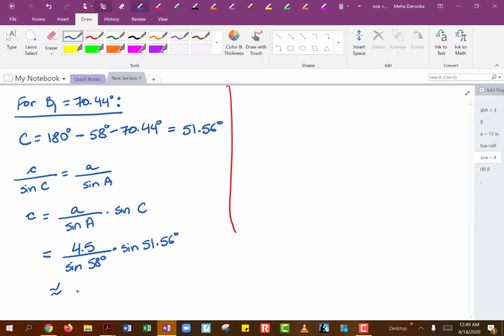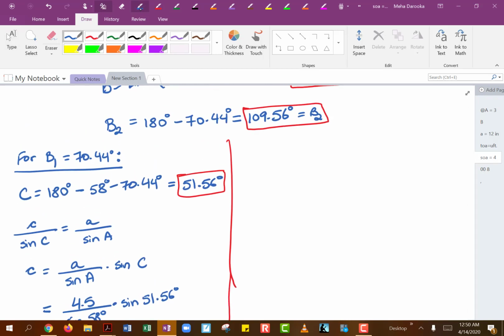It looks like it's approximately 4.16, in feet. So this is angle C, this is side C.